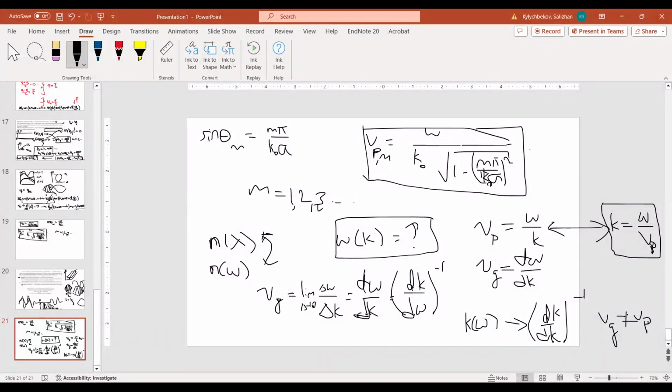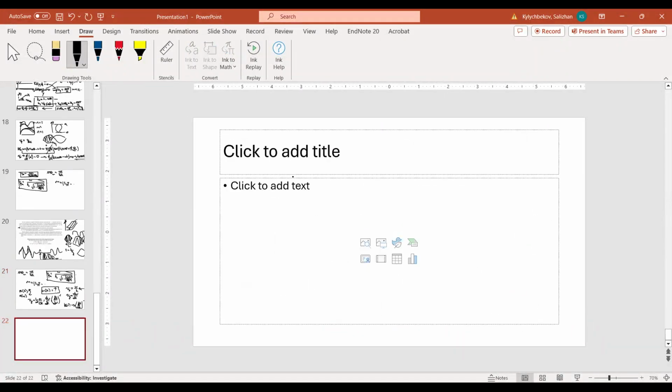In most cases this isn't general. VP itself depends on omega, so you can't immediately solve it like this. So you interpret it like this and put in the actual value for VP. Let's solve it.